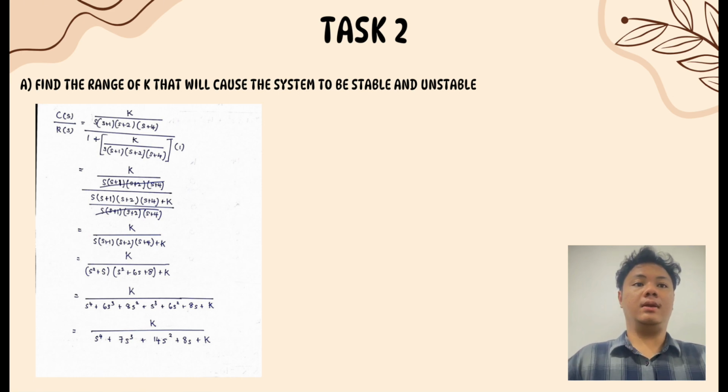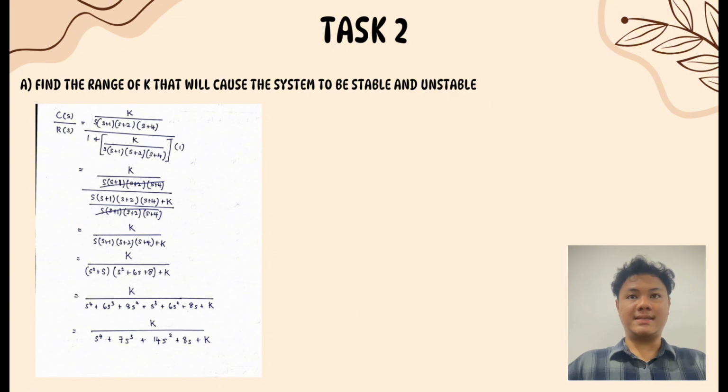As you can see in this slide, we are using the C(s) over R(s) equation, which is the general equation: C(s) over R(s) is G(s) over 1 plus G(s) multiplied by H(s). From the equation, we need to multiply the denominator by 1 to get the numerator and denominator in the same value. Then we can cancel the equation.